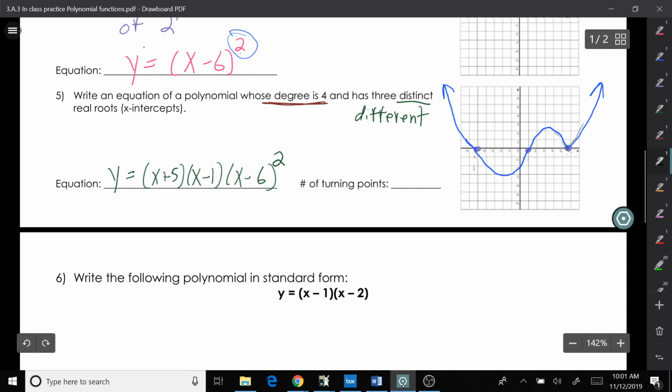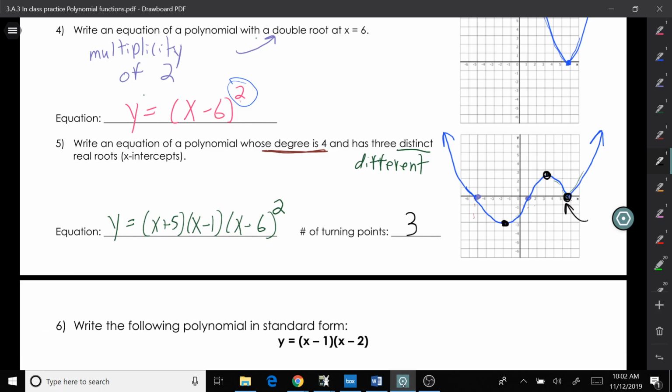Let's look at the number of turning points. We have 1, 2, 3 turning points. So this point right here is a turning point and an x-intercept. So these types of questions can be difficult because, like I said, there are so many different correct answers.